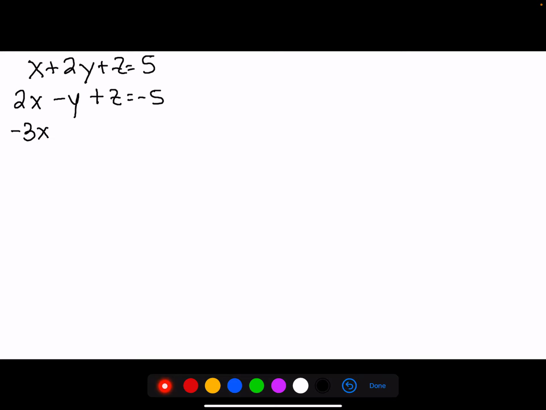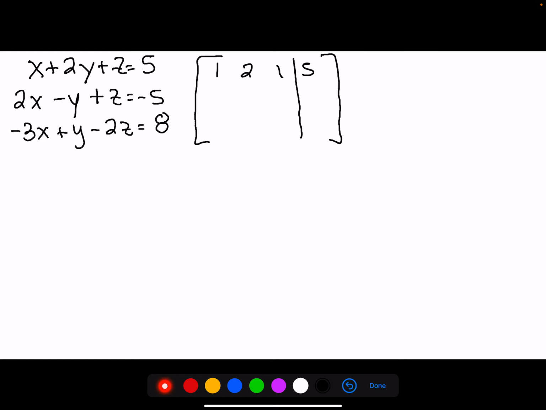Negative 3x plus y minus 2z equals 8. So our augmented matrix is going to have a 1, a 2, a 1, and then a 5. It's going to have a 2, a negative 1, a 1, and then a negative 5. It's going to have a negative 3, a 1, a negative 2, and an 8.